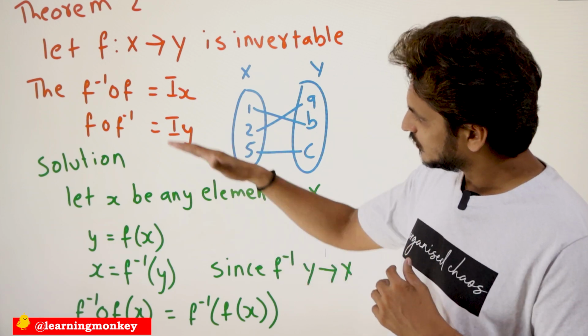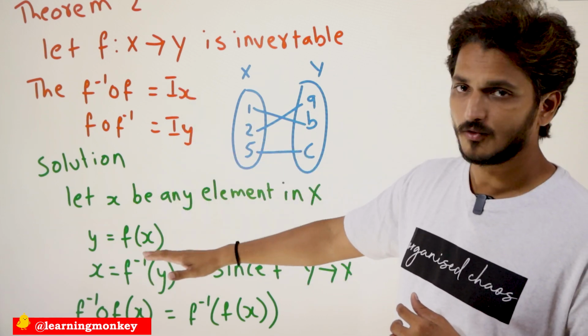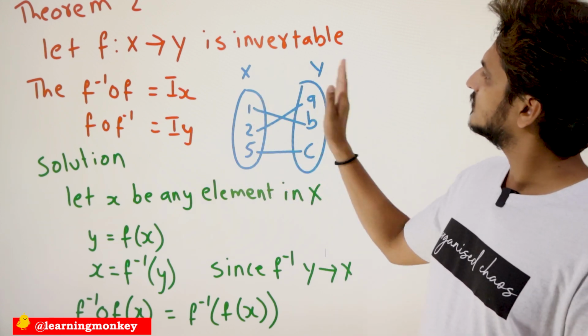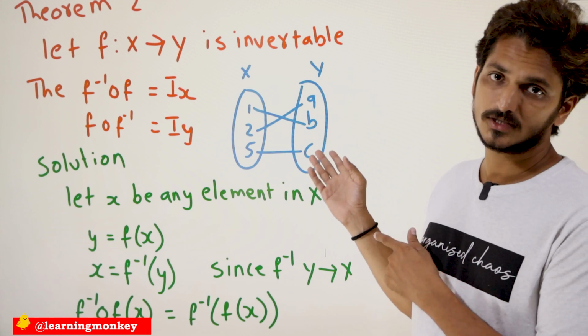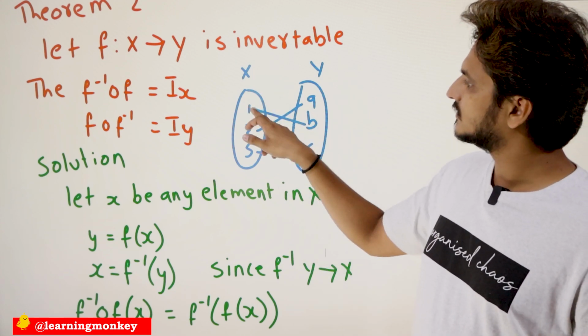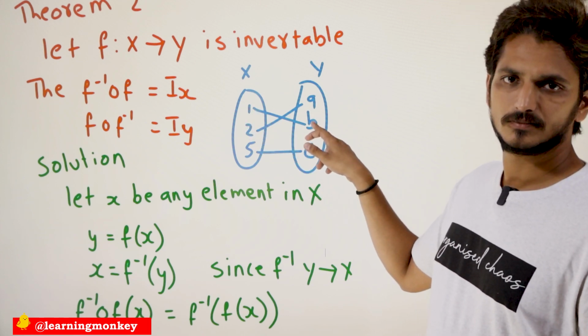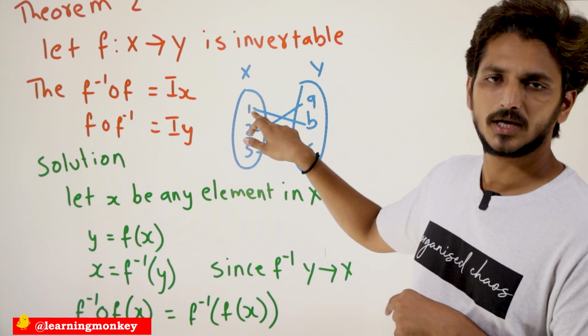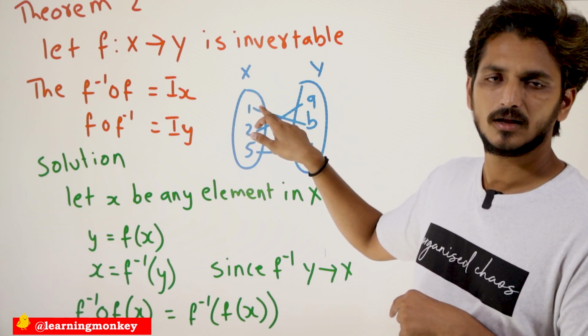Before showing the theorem proof, we are going to understand it graphically. See here, X, Y. This is a 1-to-1 and onto function. We can write the inverse of this function. f of 1 maps to b, then f inverse of b maps to 1 again.